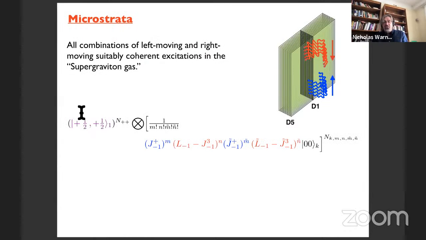They slam together, so naively, based on the left-moving dictionary and the right-moving dictionary, you would simply say, okay, take those same old states and now load them up with the left-moving Virasoros and exactly the same set of right-moving Virasoros with some appropriate combinatorial factors, and just do exactly what you did where you now allow coherent combinations of left movers and right movers. And coherent here just means these occupation numbers are all significant fractions of the total number N1, N5, so you have some coherence and therefore some gravity manifestation, or supergravity manifestation of this state.